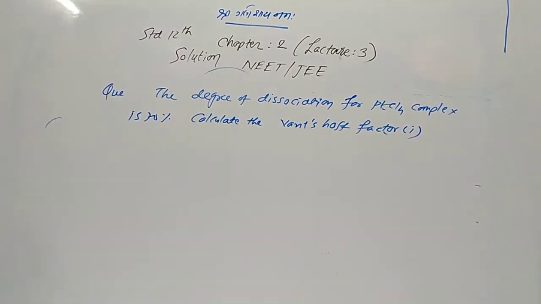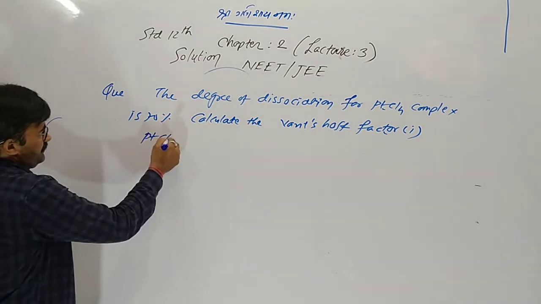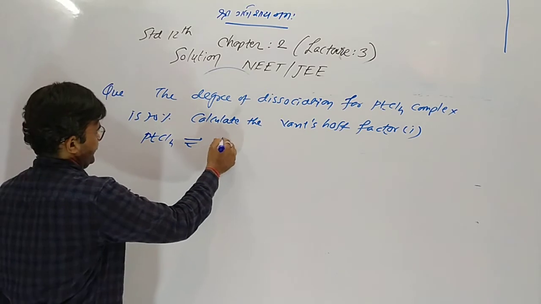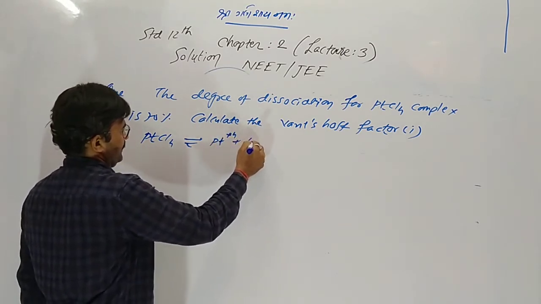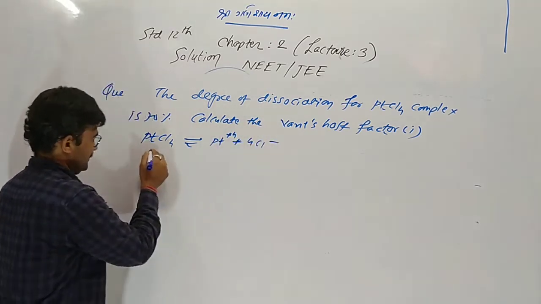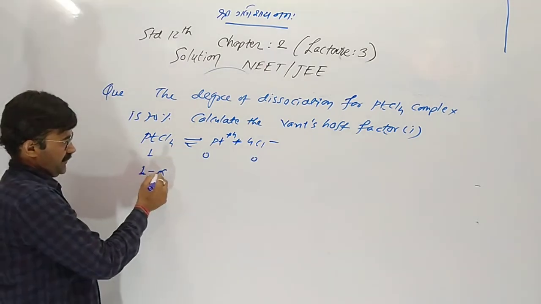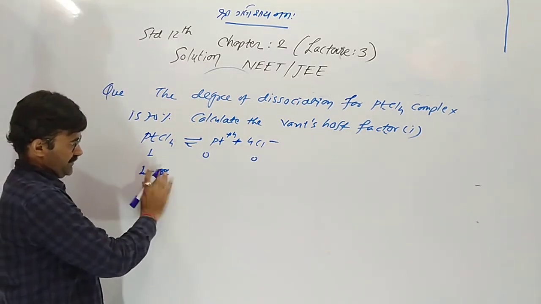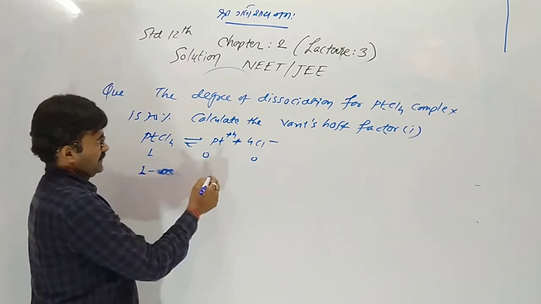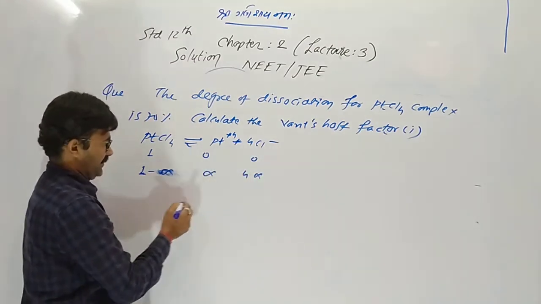Now, here PtCl4, when it ionizes, gives Pt4+ and 4Cl-. So initially 1, 0, 0. Alpha portion out of 1 is the ionization. So alpha and 4 alpha.